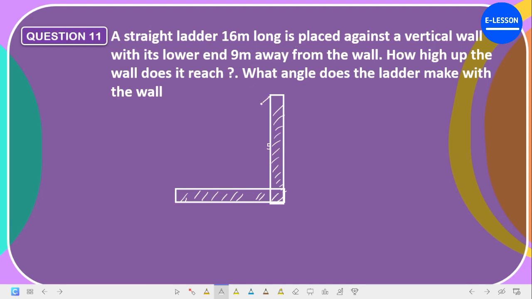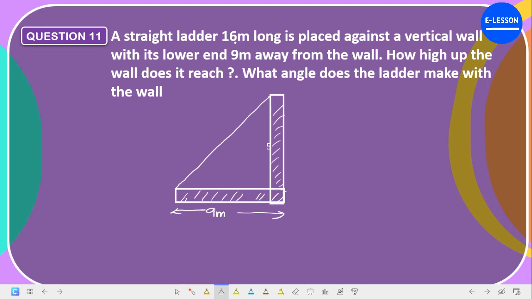So let's say this is the ladder and this is the lower end. The lower end is how many meters away? 9 meters away from the wall. So they are telling you the distance from this part to this part is 9 meters.